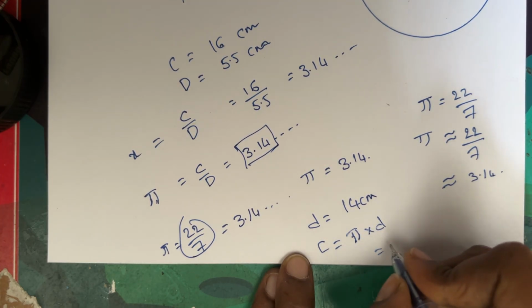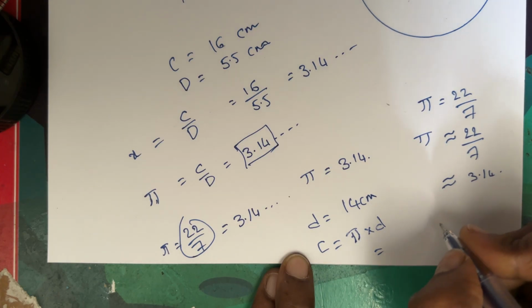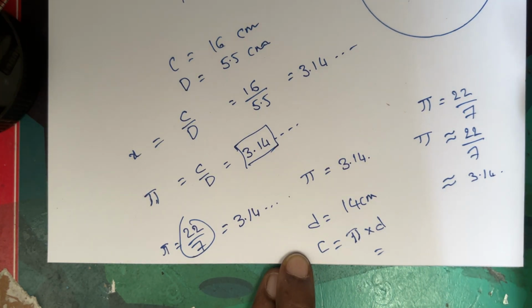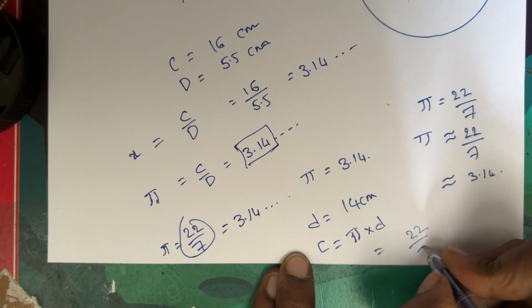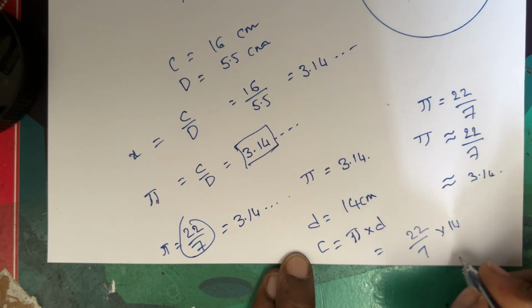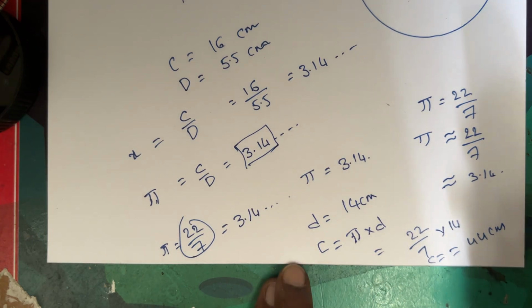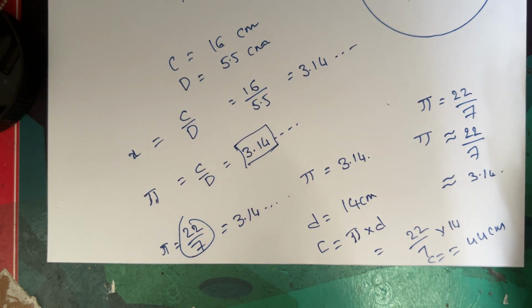If you keep pi as 3.14 into 14 centimeters, the calculation would become a little complicated for new students. But if I make it 22 by 7 into 14, it will become 44 centimeters as circumference. The calculation becomes easy. That's why engineers and students often use 22 by 7 as the pi value in most cases compared to 3.14.